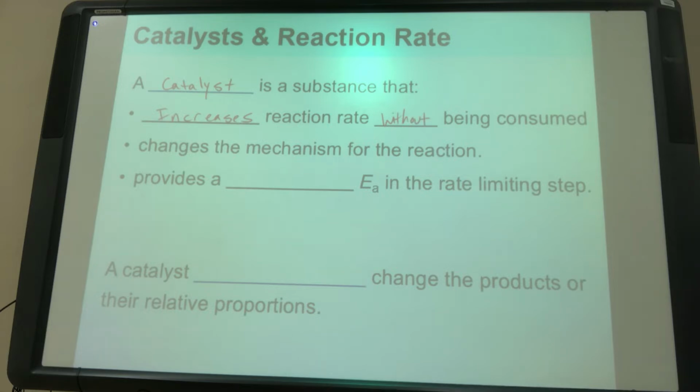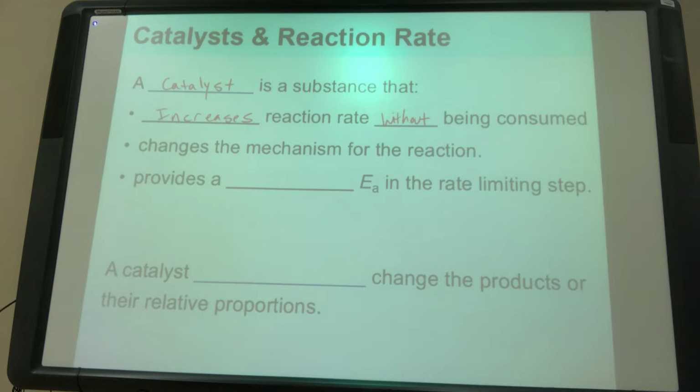So when you dump the catalyst in, it makes the reaction go faster, and you can literally take the catalyst out at the end. Now that depends on if it's a solid or a liquid, how you actually separate it out. It's not like you could just scoop it out with your hand or something like that. But it's not gonna be reacted. So it's not gonna be a reactant that now turns into a product. So it's there at the beginning and it's there at the end.